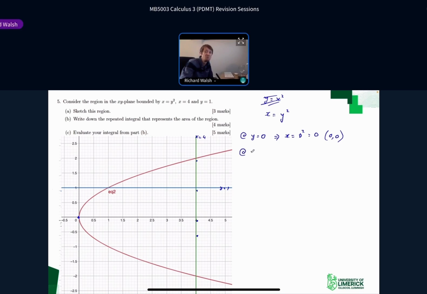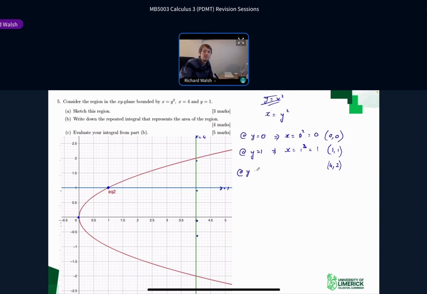When y is 1, x will equal 1 squared, which is 1. So (1, 1) is on it. At y equals 2, x would equal 2 squared, which is 4. So x would equal 4 when y is 2.